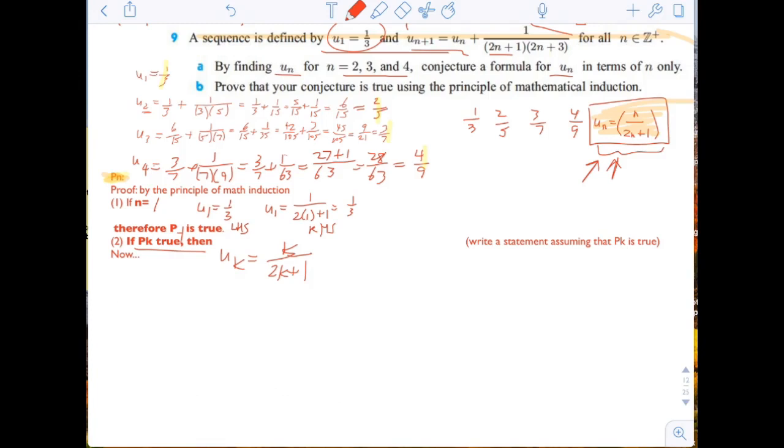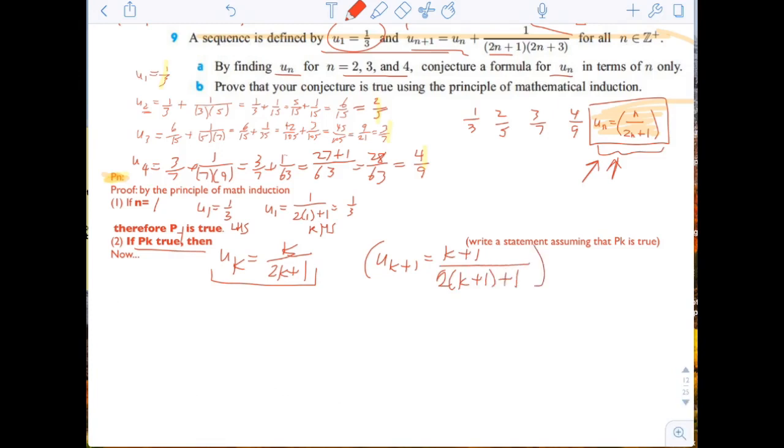Then we're going to take the left side of the p of k plus 1 statement and try to make it into the equivalent p of k statement. We're assuming this is true. Our goal is to show that u of k plus 1 is equal to k plus 1 divided by 2 of k plus 1 plus 1.